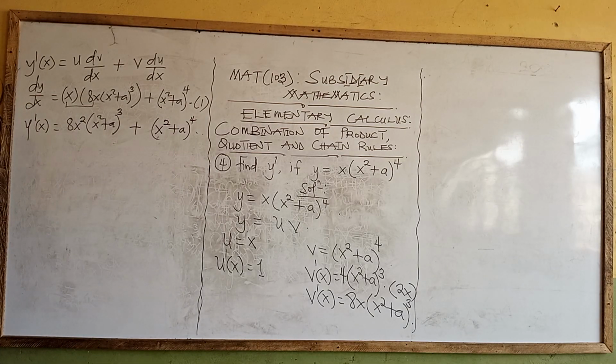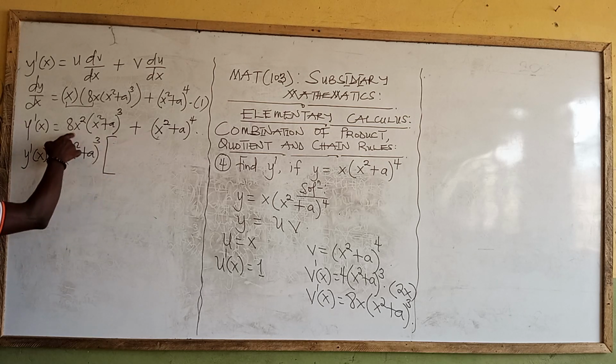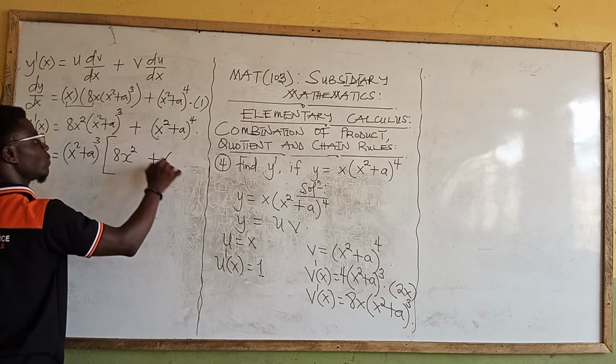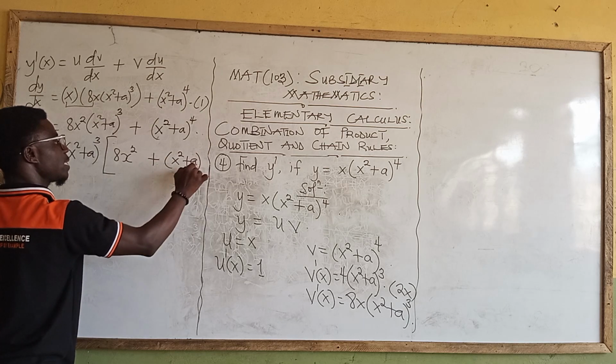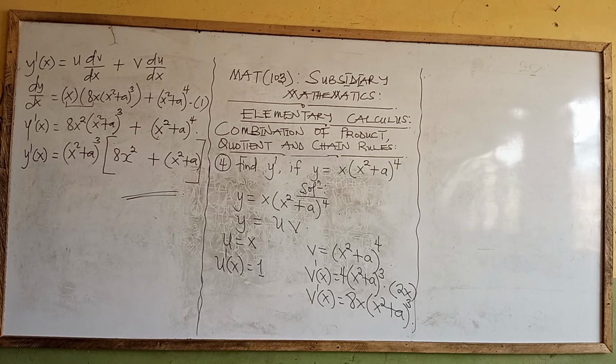So now we have this. But still we can factorize. Y prime of x must be equal to, we can factorize (x squared plus a) to the power 3 out. So (x squared plus a) to the power 3, then you get 8x squared in, then plus, we get 1 of our (x squared plus a). So we have this, which is our derivative of y with respect to x.